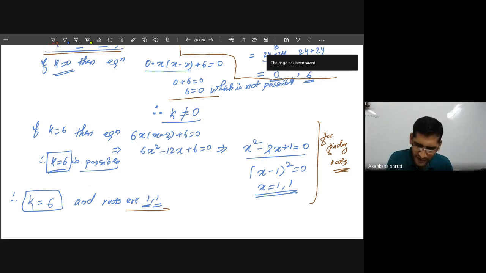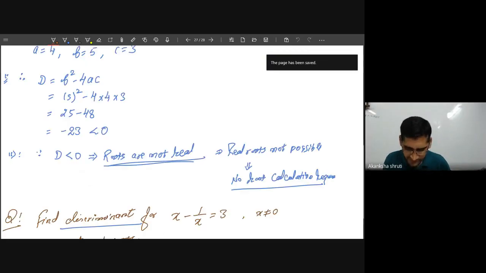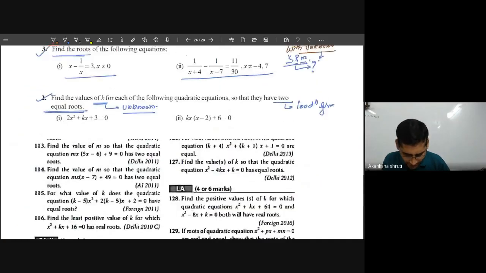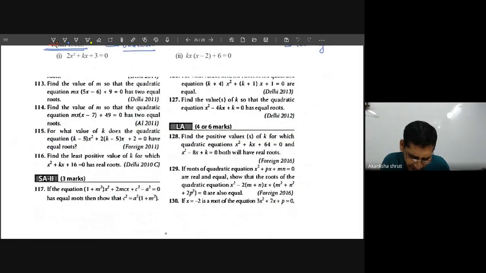Students, now let me go for one more question like this. So this way you can find the value of m so that these have equal roots. Same kind of question. Let me write for this one, 126 I want to take.